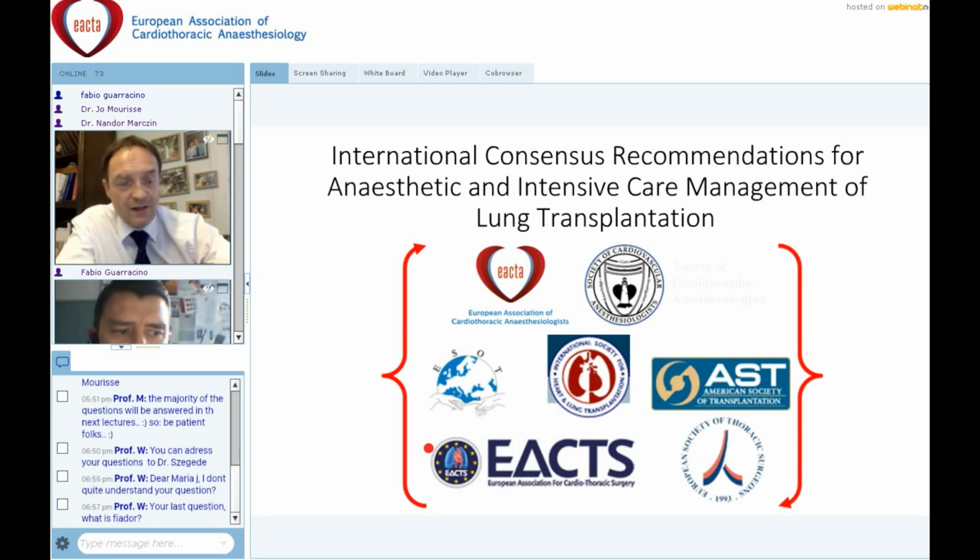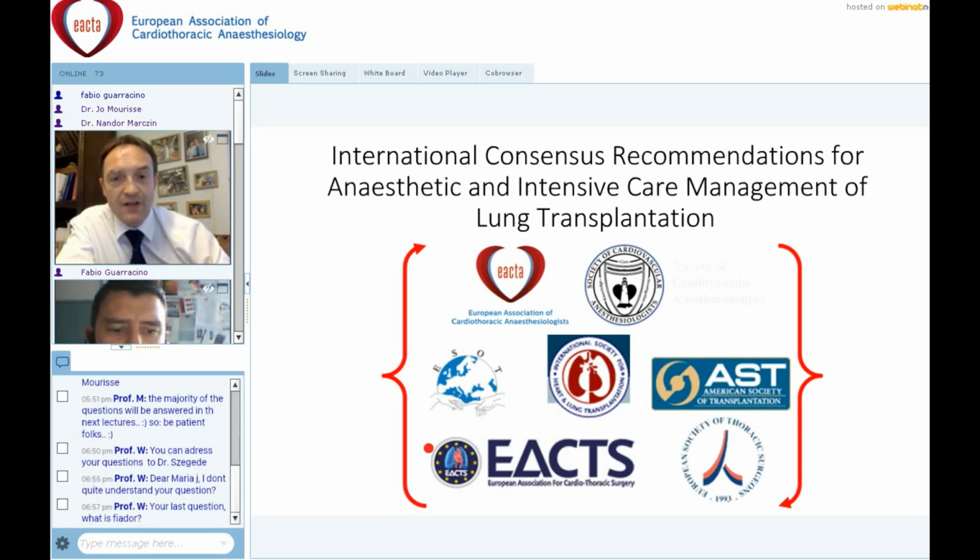This is a multi-society effort involving 7 major societies, and the consensus with the recommendations is currently under review. The intraoperative management contains a variety of recommendations by 70 international experts from up to 50 leading institutions regarding airway management in lung transplantation.